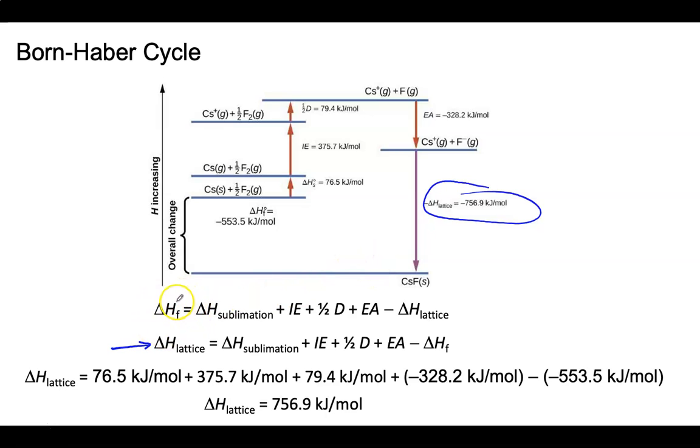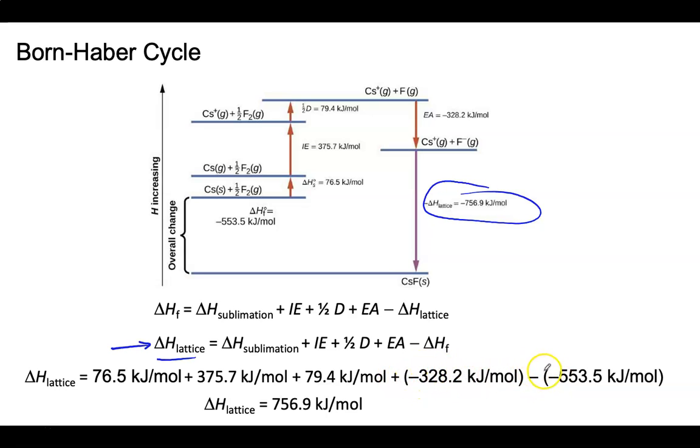So I'm going to rearrange this equation to put the lattice energy on one side and everything else on the other side. So when I do that, I get the lattice energy is equal to the heat of sublimation plus the ionization energy plus 1/2 the dissociation energy plus the electron affinity minus the heat of formation. Putting the numbers in, I get 76.5 plus 375.7 plus 79.4 plus minus minus 382.2.